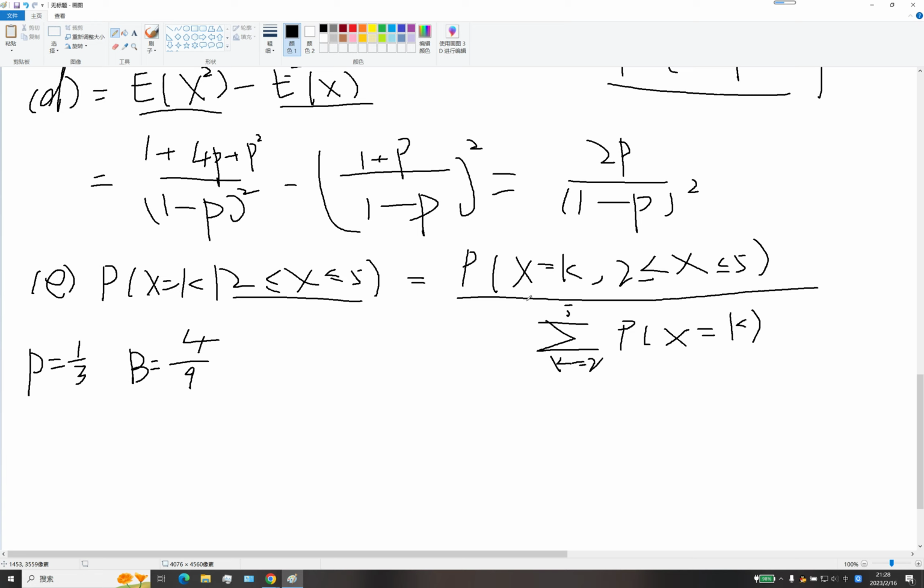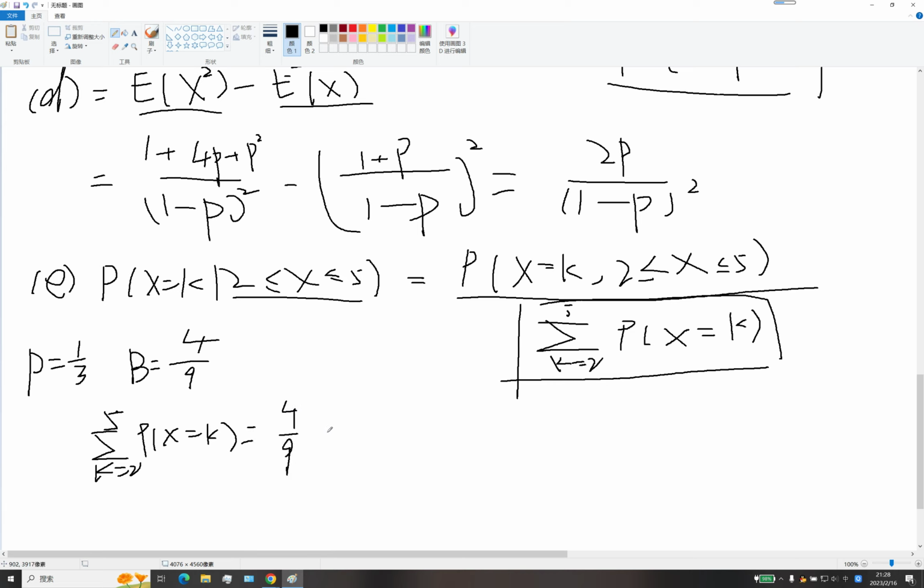So if we want to calculate this part, we just put b and p into it, so we get 4 over 9 times the terms for k equals 2, plus k equals 3, 4, 5.